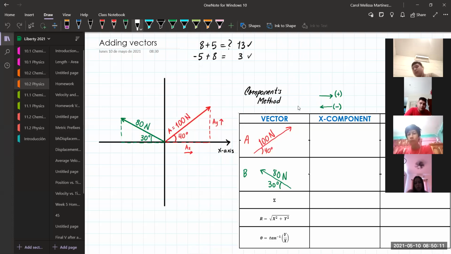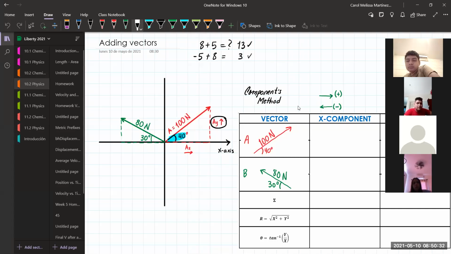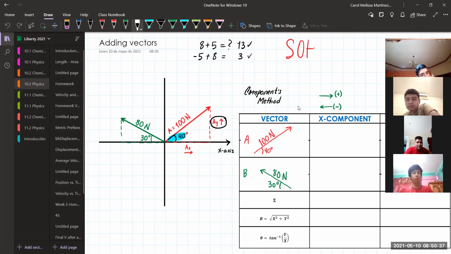Now take a look. For my vector A, my angle is here. Tell me, how is this side according to the angle? Is it opposite or is it adjacent? Opposite. It is opposite. That is very good. I put the SOHCAHTOA over there because we're going to use it.